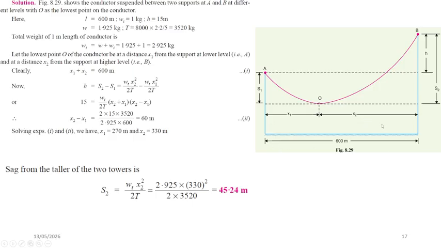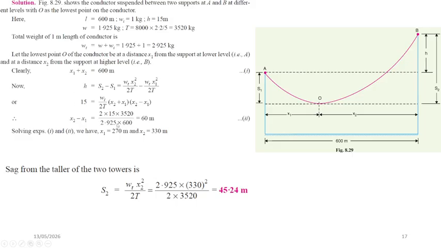So h is equal to S2, for the support from B to O, minus S1, from A to O point. We can use these two equations, and then x2 power 2 minus x1 power 2 is equal to x2 plus x1 times x2 minus x1. So x2 minus x1 is equal to 50 meter.